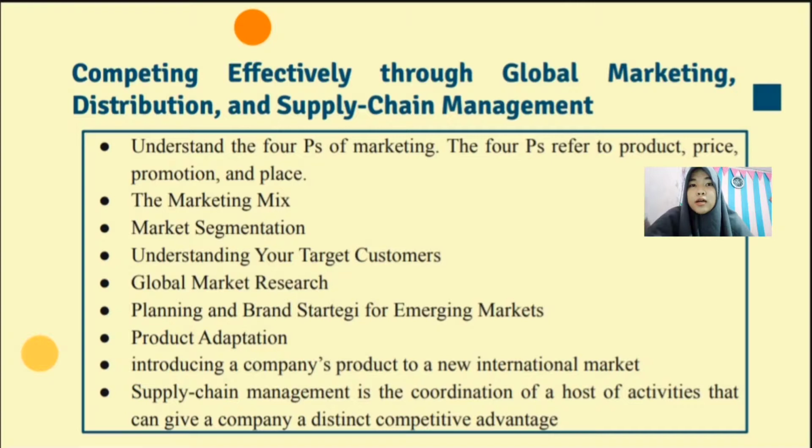Point number two, the marketing mix and market segmentation: understanding your target customers, global market research, planning and brand strategy for emerging markets, product adaptation, introducing a company's product to a new international market. Supply chain management is the coordination of a host of activities that can give a company a distinct competitive advantage.